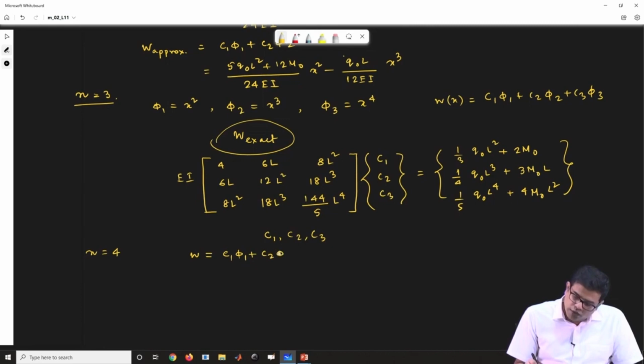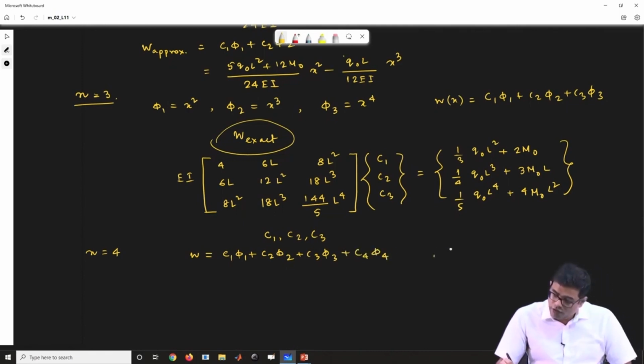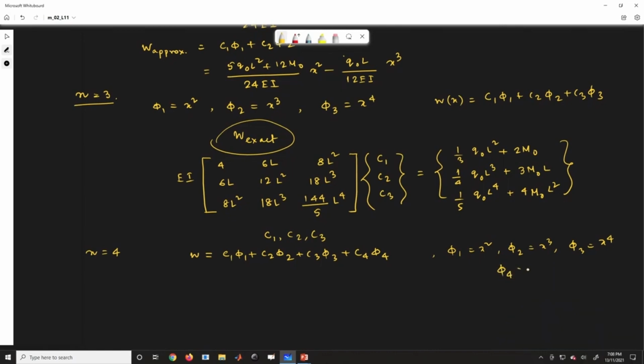if I approximate W like this, C1 phi 1 plus C2 phi 2 plus C3 phi 3 plus C4 phi 4, where phi 1 is x square, phi 2 is x cube, phi 3 is x to the power 4, and phi 4 is x to the power 5, this will not improve my solution.